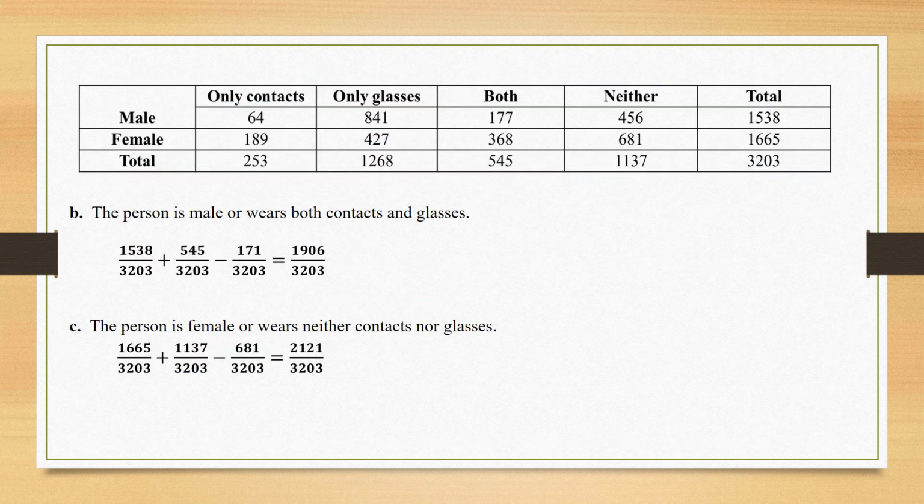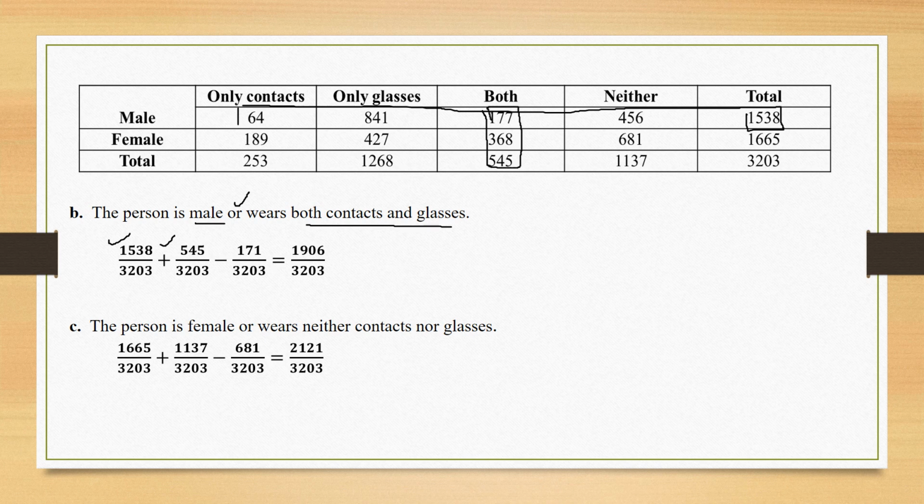Now look at part B. The person is male. This line is for male. How many total male people do we have? The total male we have, I wrote here 1538, then put the or sign, and then wears both contacts and glasses.